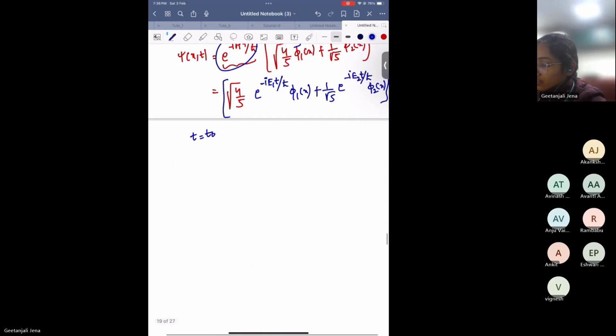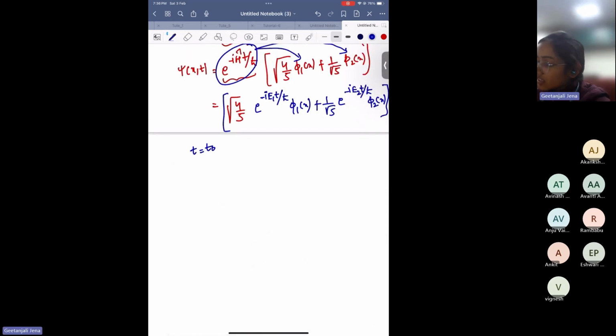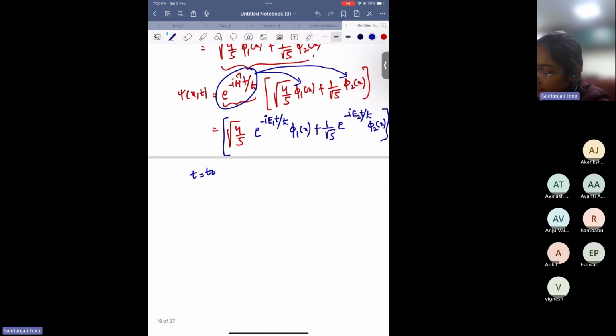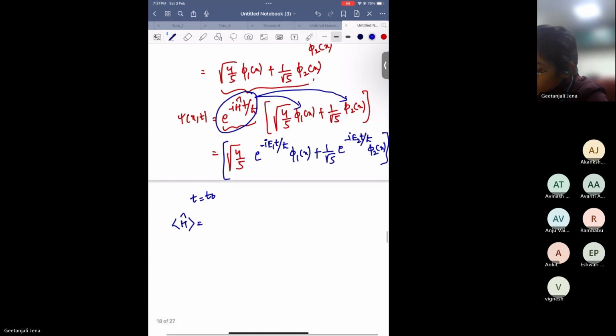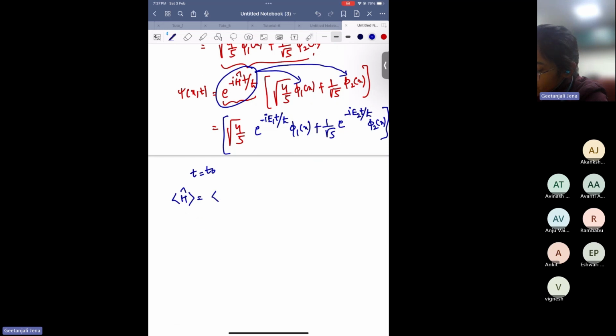So you can write the expectation value for t equal to t, let's say the first one t equal to 0, as the initial state psi of x0, H, psi of x0.